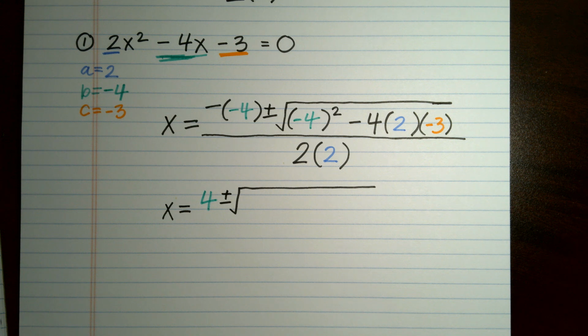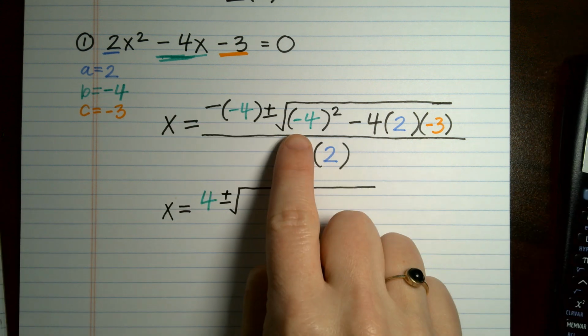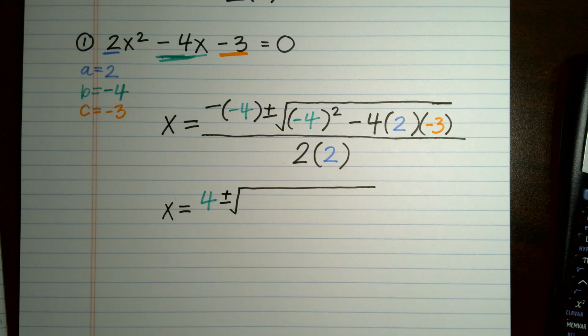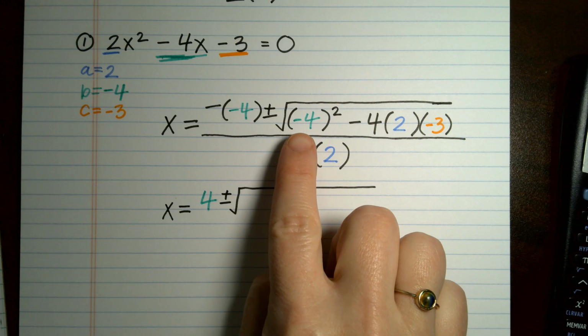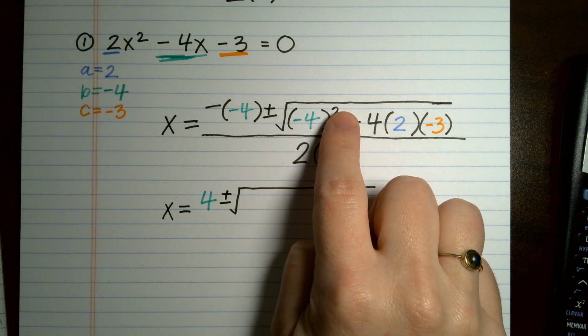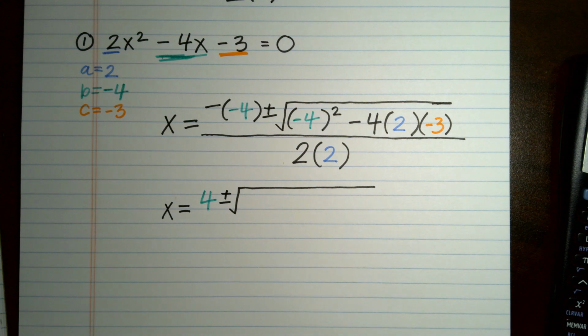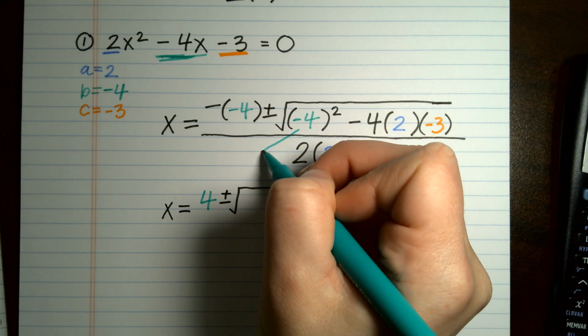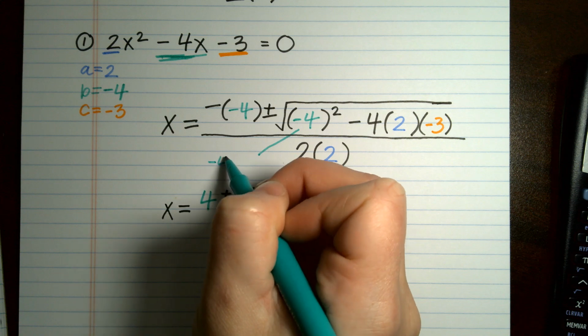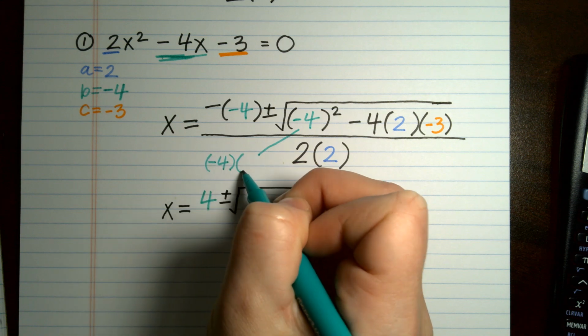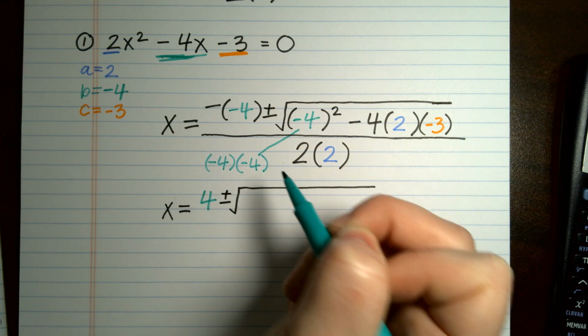Okay, so guys, this is where we need to be very careful. Do we remember what it means to square a number? We're just multiplying it by itself. So -4 squared means -4 times -4. If it helps to see that written out, maybe write it out. -4 times -4.